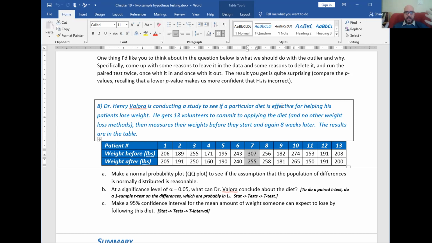And if I was presenting this as a research paper, I would want to do both to give as thorough an analysis as possible, because perhaps this particular guy number 7 here had something about him that caused the diet to work really well, and we should definitely try to identify that, right?